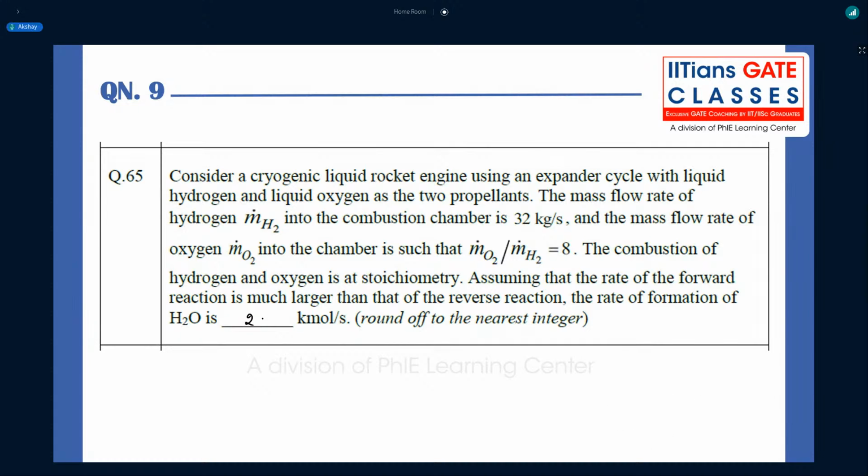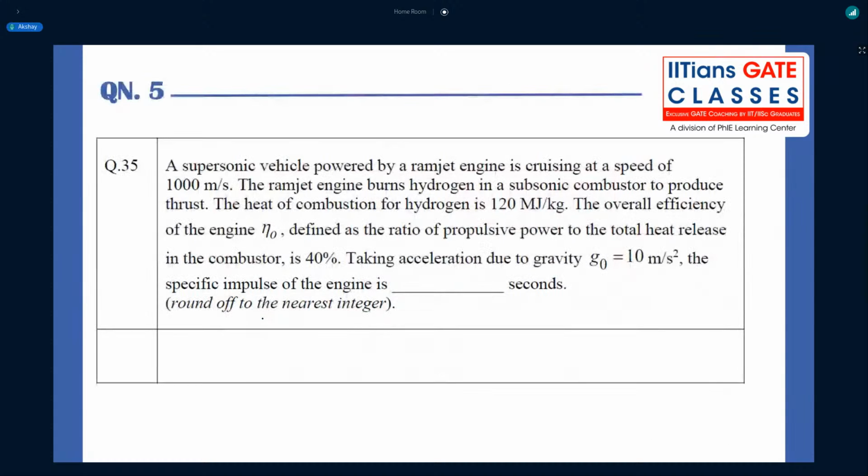So now there is one more question actually, which I feel there is an insufficient data. Let us try to see this question. A supersonic vehicle powered by a ramjet engine is cruising at a speed of 1000 meters per second. The ramjet engine burns hydrogen in a subsonic combustor to produce the thrust.